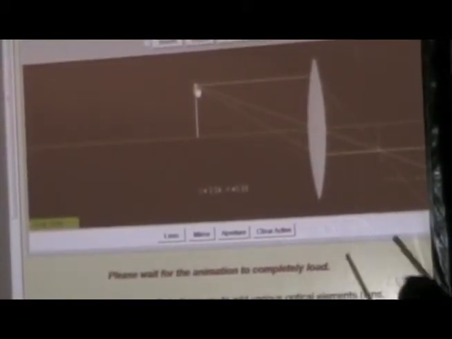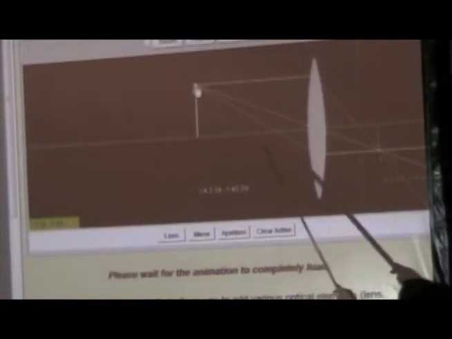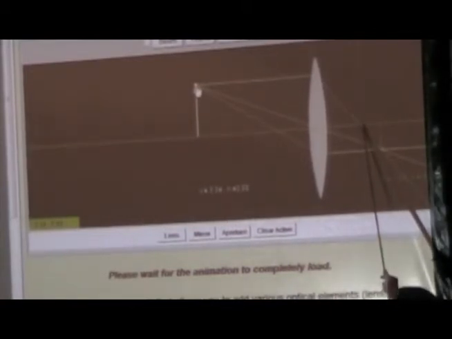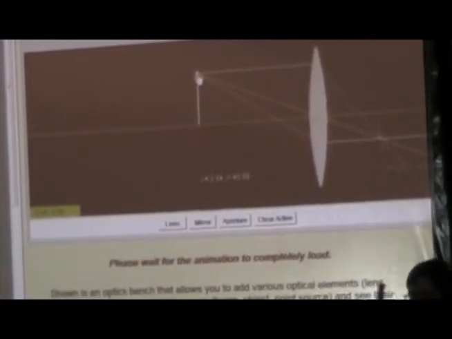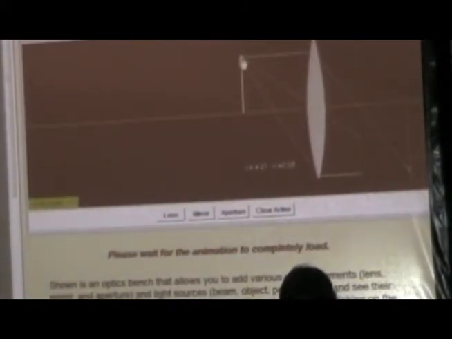The image of that object, as I moved it all the way to here, moved back. It was originally here, a little ahead of this, and now it moved here. And if I keep moving it, it just keeps moving away, until it moves to infinity, right? Which is at the point where the object is now at the focal point of the lens. Then the light rays are not going to converge anywhere.